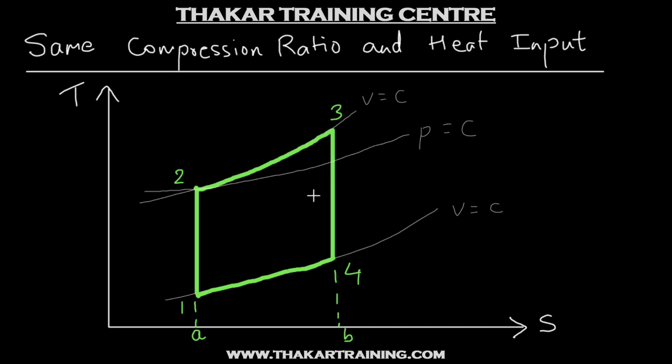We want the same area. When the diesel cycle follows this line for heat addition, we have a deficit of this much area. This much area is more in the Otto cycle. If you want the same heat input, the area should be the same. So to compensate for this extra heat input that the Otto cycle is having, point 3 for the diesel cycle will be on the right.